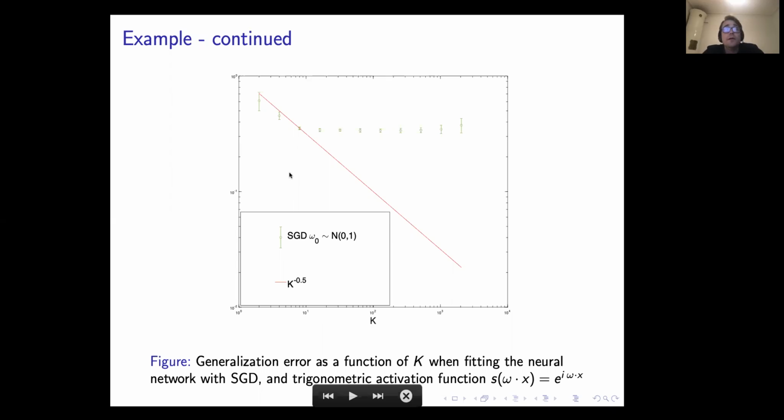Okay, what do you then actually see? Well, for small values of K, you do see an improvement in the generalization error as K increases. But at some point, that effect goes away, and the generalization error effectively flattens out.